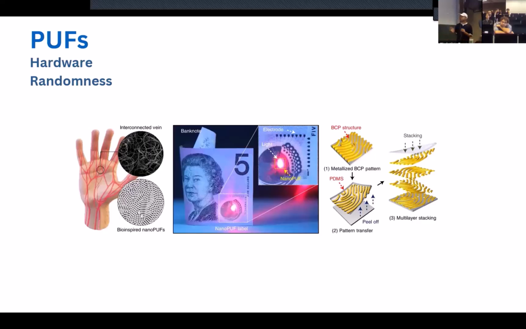There also you can use the inherent structure of some sort of device to authenticate if it is the correct banknote or not. So it basically works like your biometric or fingerprint. You don't store your biometric in digital form, but you store it in physical form in your body.